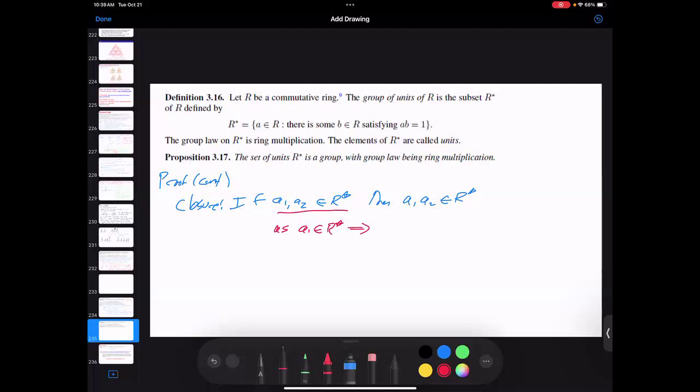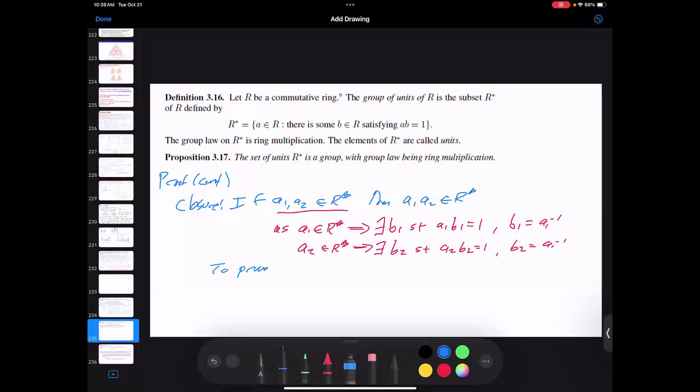So that implies there exists a B1 such that A1 B1 equals 1, B1 is A1 inverse. Similarly, because A2 is in R star, there exists a B2 such that A2 B2 equals 1, B2 is A2 inverse.